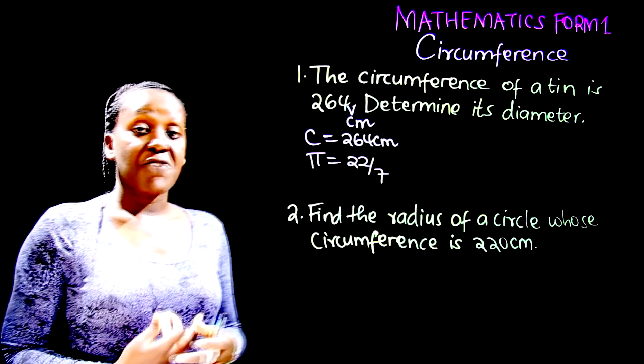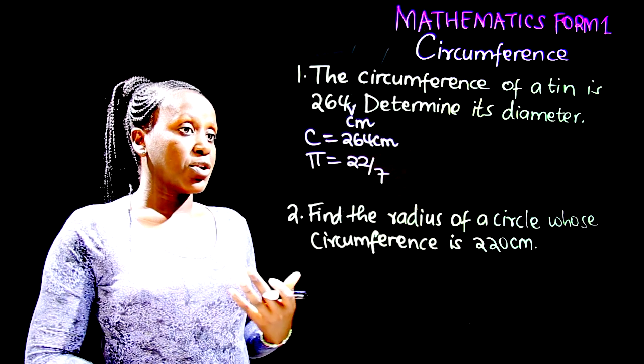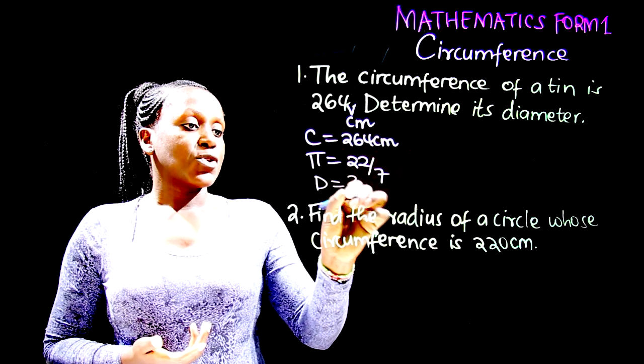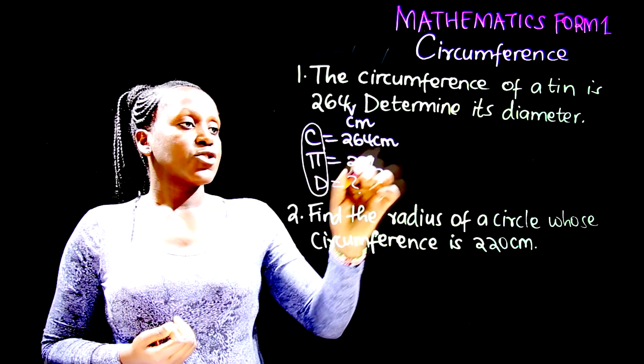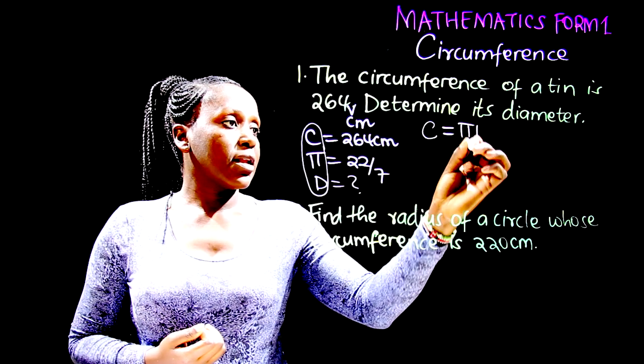Remember, we said the first thing that you do is to highlight what the question has provided you. So now we want the diameter. There is a formula that connects the three. We know that C is equal to pi d.